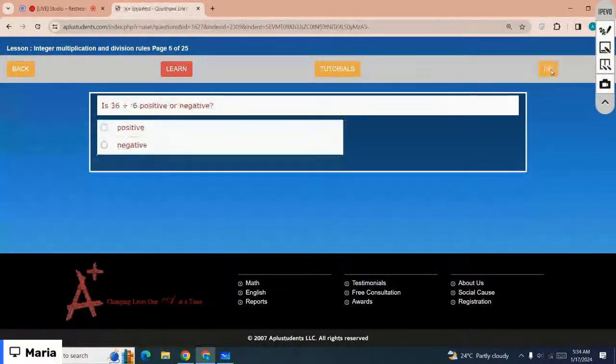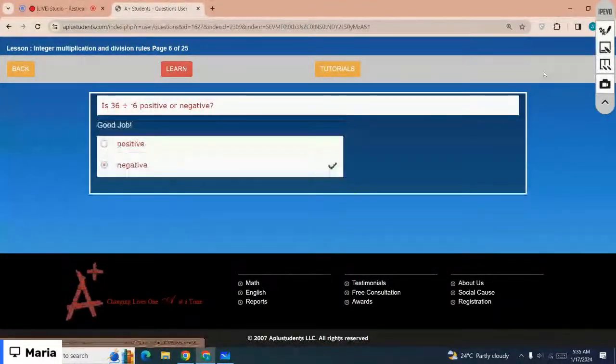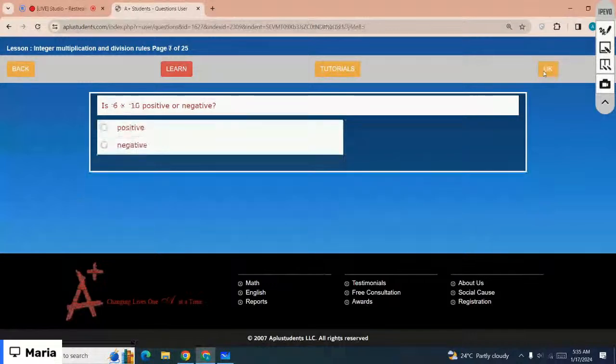Okay, is 36 divided by negative 6 positive or negative? Yes, negative, right? Because one of the numbers is negative, so the answer must be negative. Is negative 6 times negative 10 positive or negative?